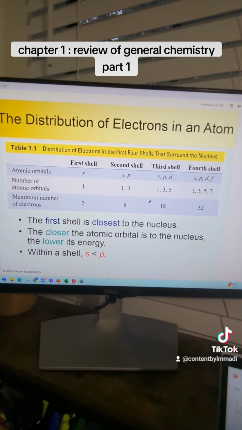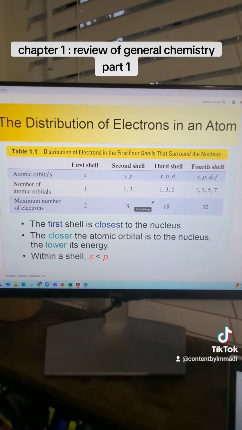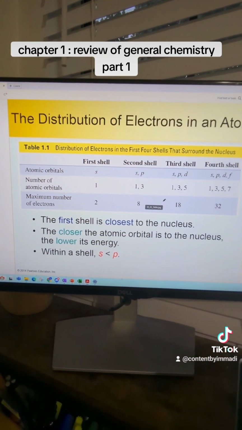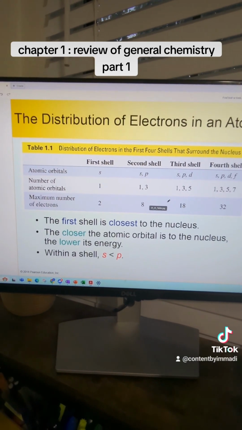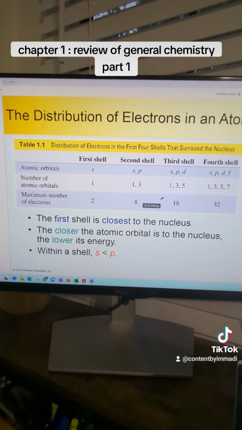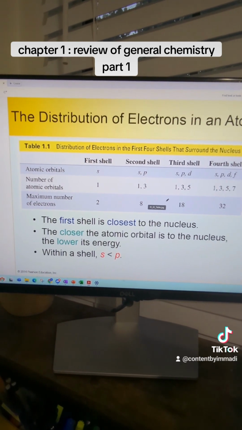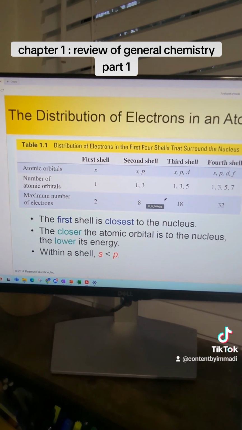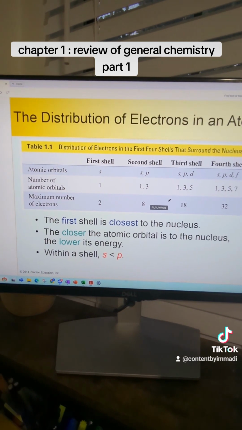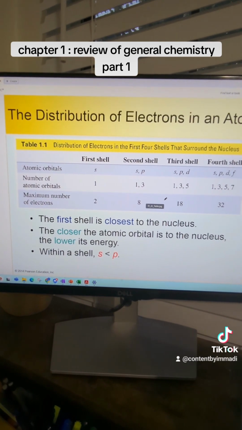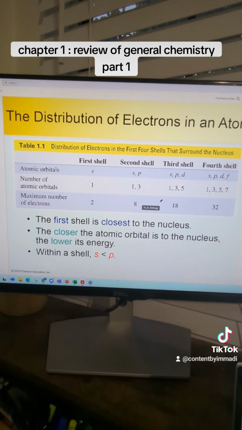And finally, the electronic configuration. I hope we still remember it from general chemistry, that S, P, D, and F are the shells, or we can call them atomic orbitals. And for the number of atomic orbitals, S has 1, P has 3 atomic orbitals and can fit up to 6 electrons in it.